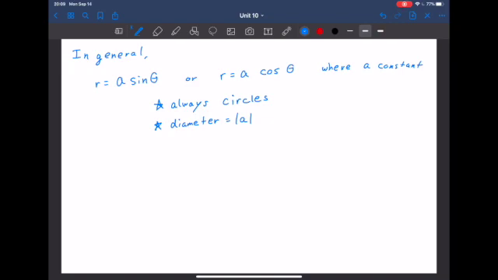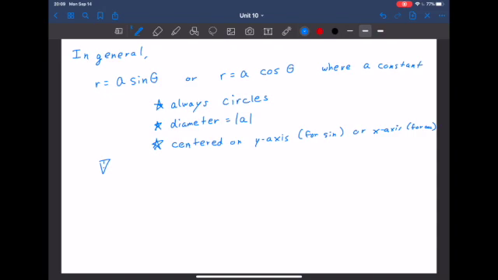That should sound right. And then the centers are on the y-axis for sine and the x-axis for cosine.